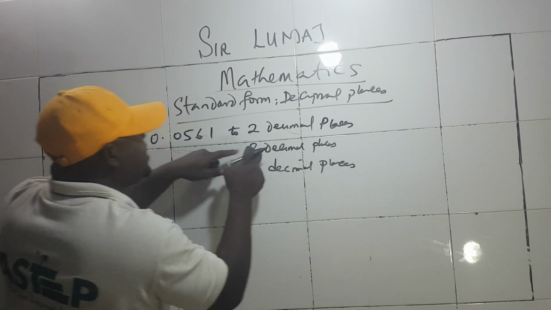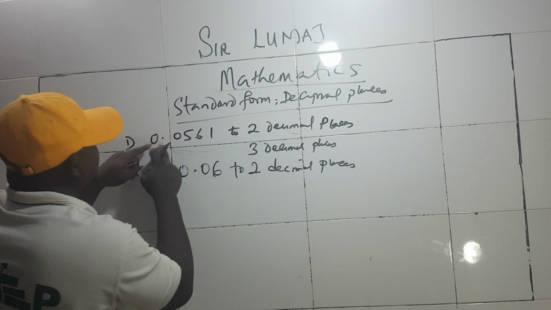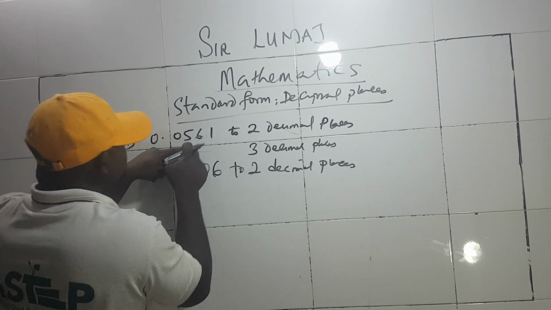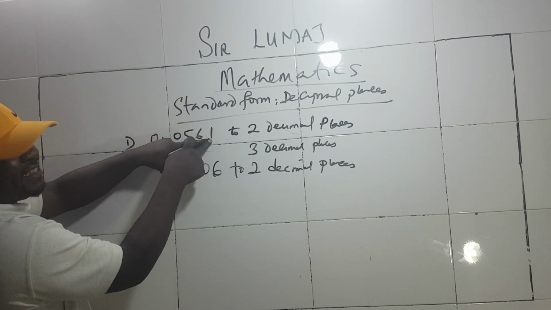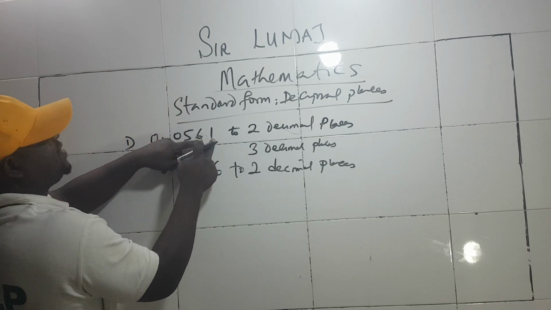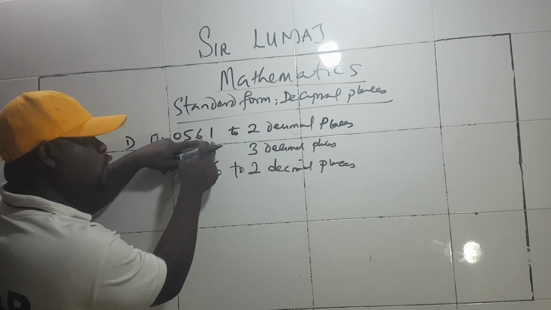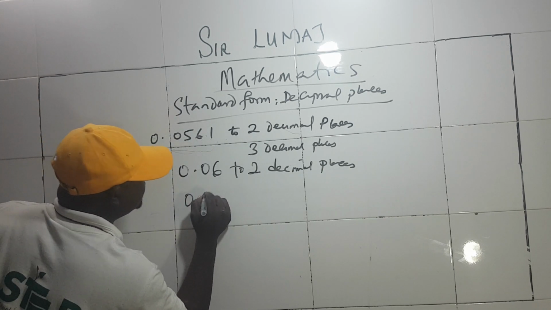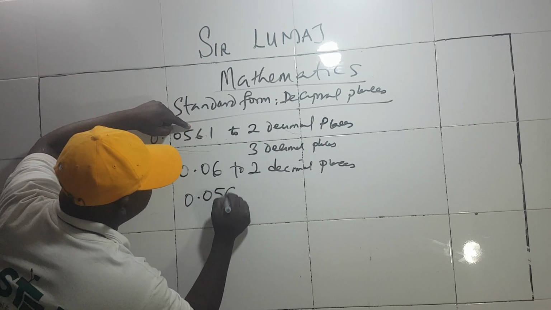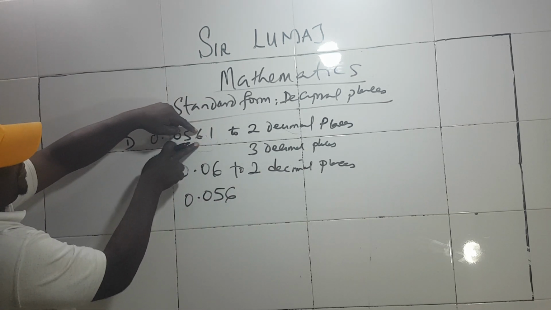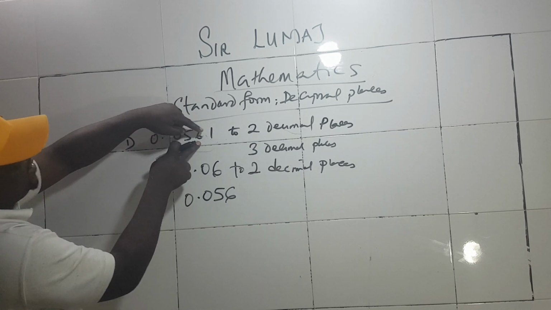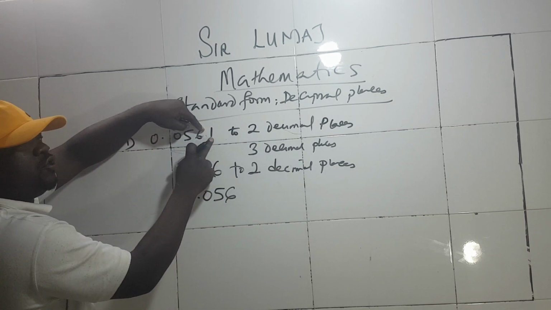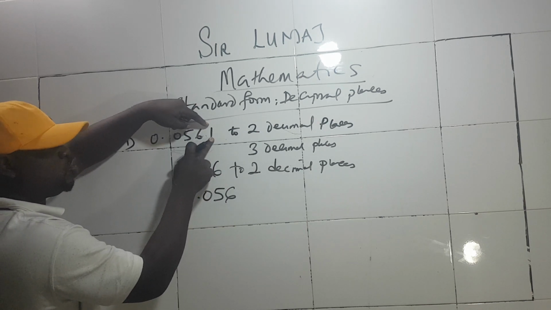So now, to 3 decimal places, count after this decimal point: 1, 2, 3. If you look at this, 1 is less than 5. So it means that you are going to round it off to 0. So it's 0 plus 6. That will now be 0.056, because this one is not up to 5, so it cannot be approximated to 1.